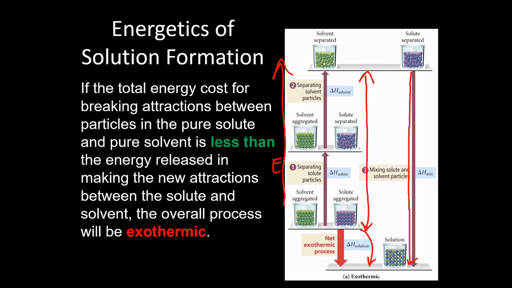And so you would rather add acid to the water, because then you have essentially the heat sink of the large amount of water, so that it doesn't boil over as easily. But anyway, so that is one of the possibilities, an exothermic mixing process.